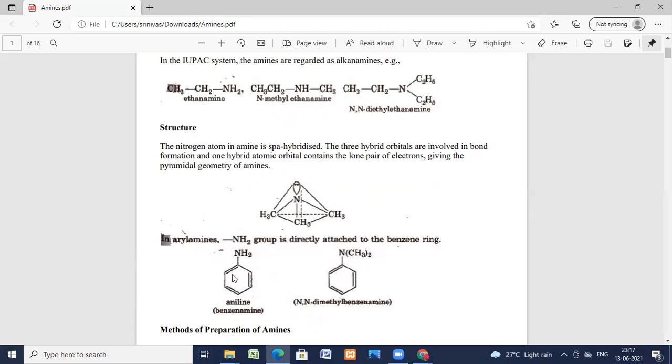Here, the benzene ring is attached to the NH2. It is benzenamine. Next, if the phenyl group is attached to two methyl groups on nitrogen, then that is N,N-dimethylbenzenamine.